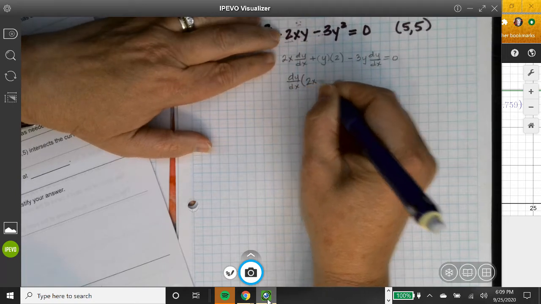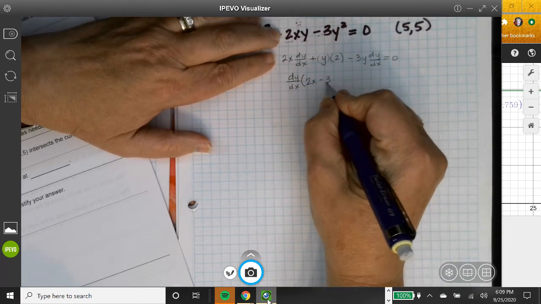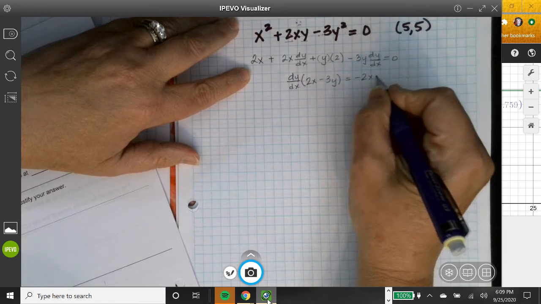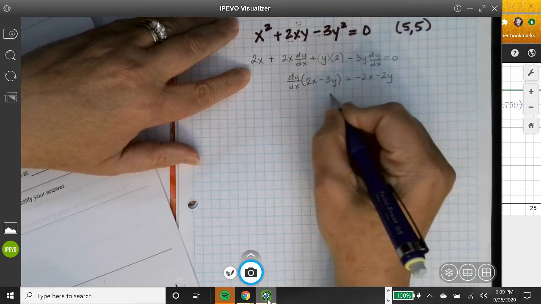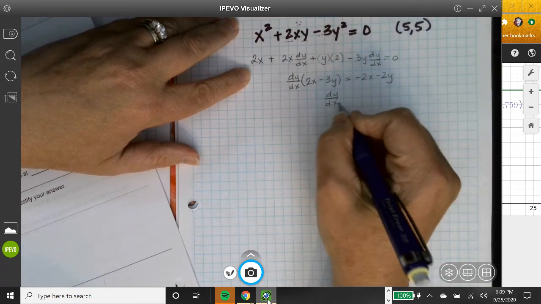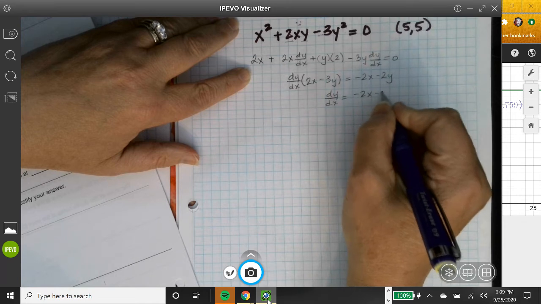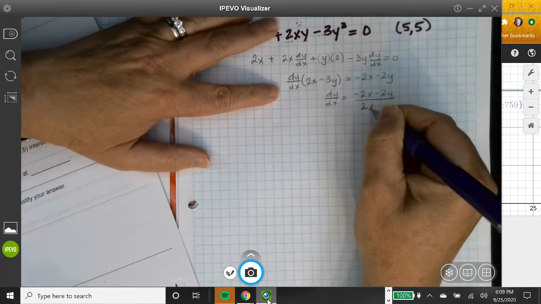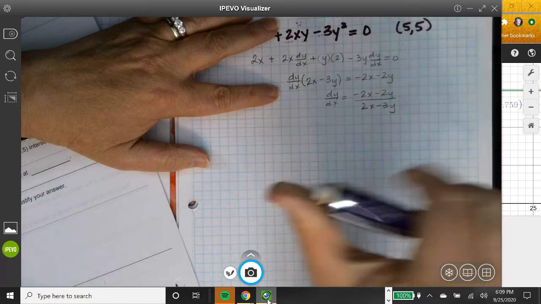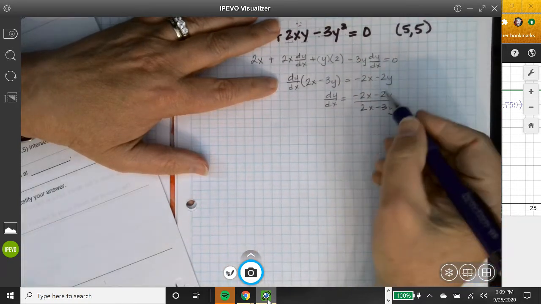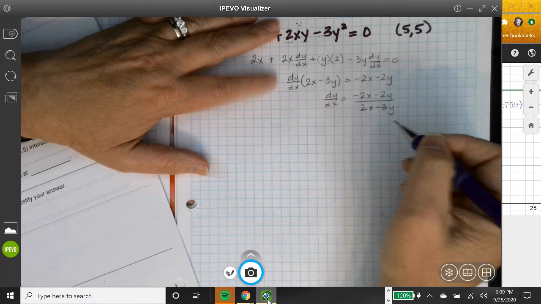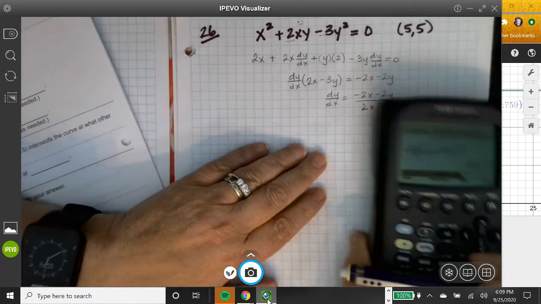I get 2x minus 3y equals negative 2x minus 2y. Dy/dx is equal to negative 2x minus 2y all over 2x minus 3y. Now if I wanted to get rid of the negative up here, I could just flip these two.